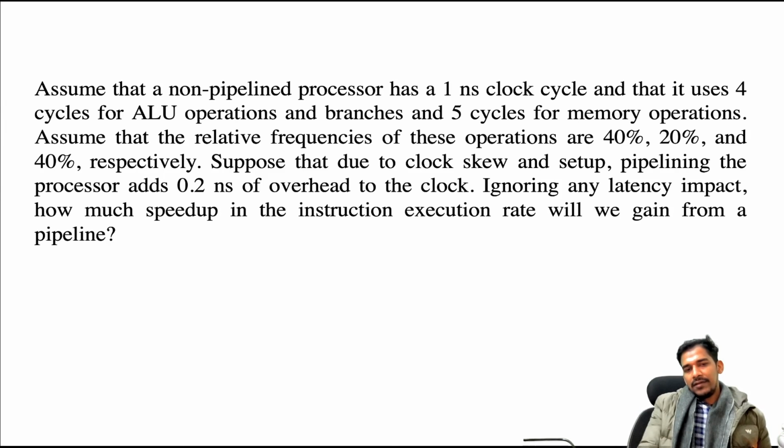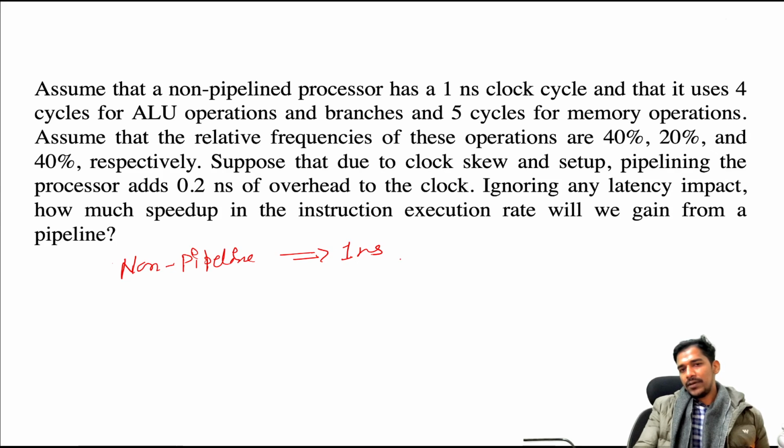That means if you talk about the cycle time in non-pipelining processor, the cycle time is 1 nanosecond, right? And in case of pipelining processor, the clock will become a little bit slower due to the skew and setup, and it introduces 0.2 nanosecond extra to the clock.